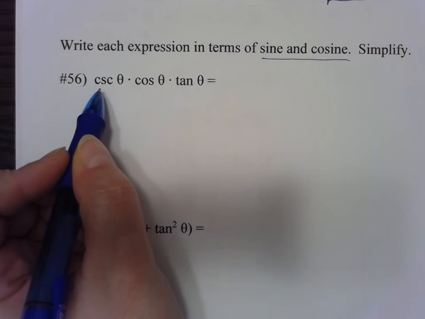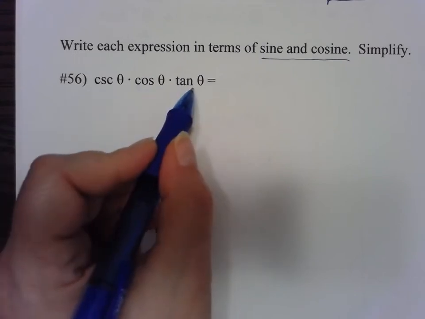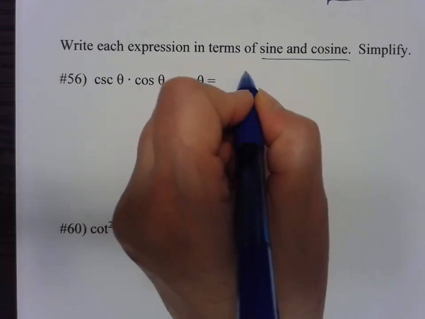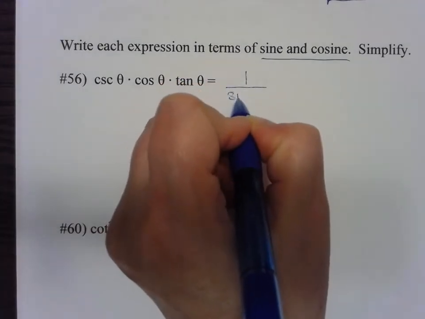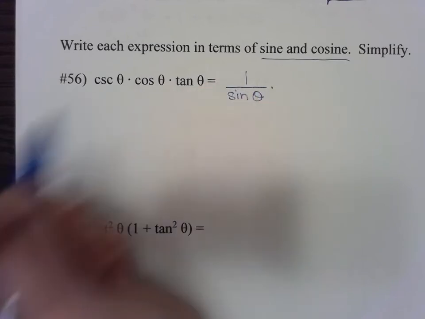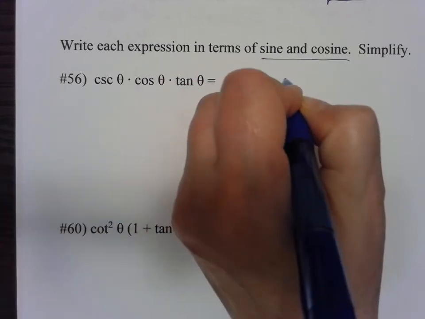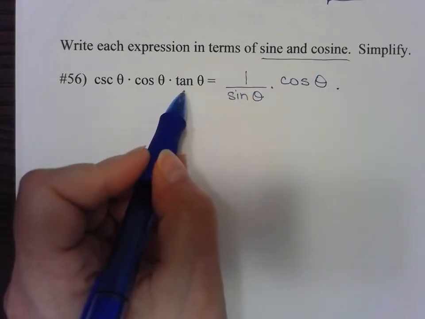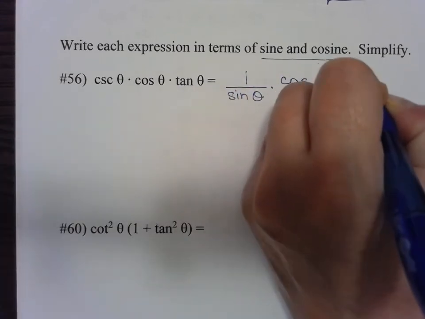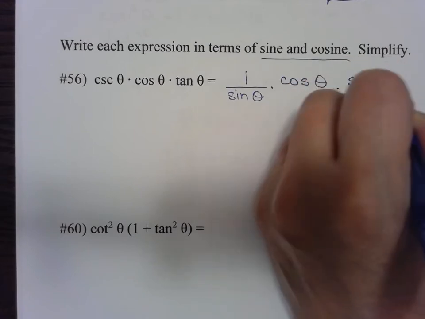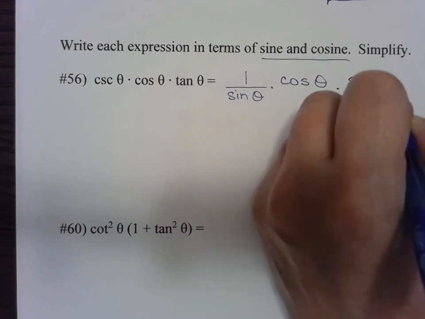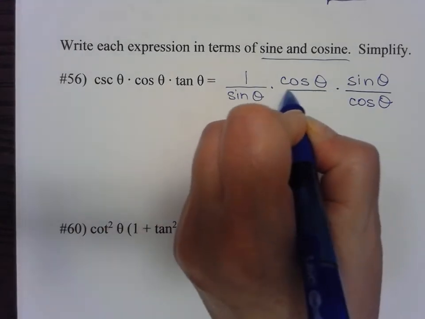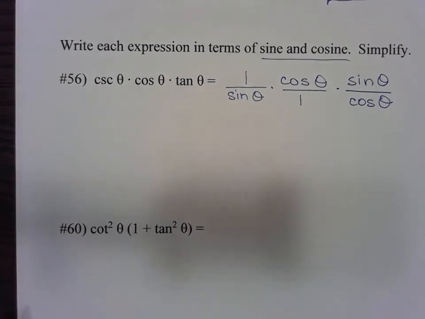So the cosecant of theta times the cosine of theta times the tangent of theta. Let's rewrite the cosecant of theta as 1 over sine of theta. Cosine is already fine the way it is. And let's rewrite the tangent of theta as the sine of theta over the cosine of theta. Okay, now we're going to go ahead and put this cosine over 1.